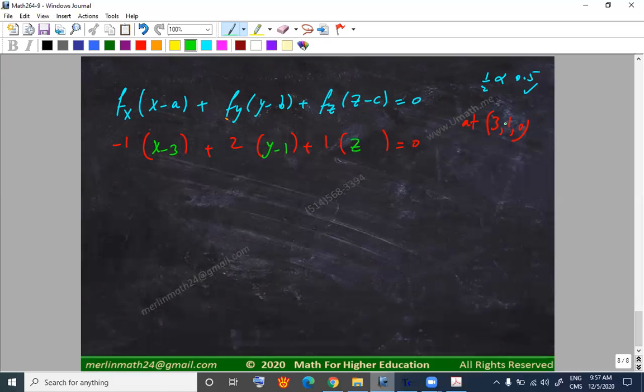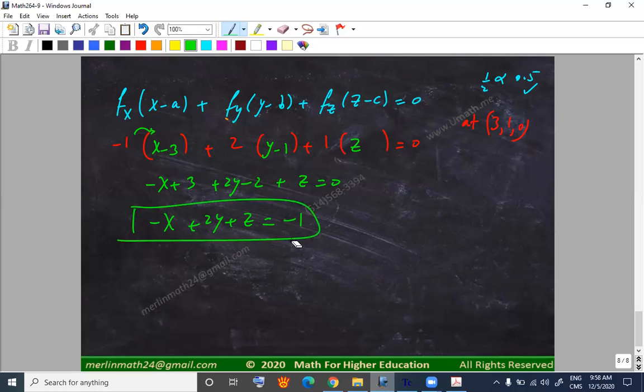There's no trick. The trick would be some minuses here. Don't leave it, because you want to simplify. They expect you to get it in standard form: minus x plus 3, and collect the constant on one side. So you get minus x plus 2y plus z equals 3 minus 2, which is 1, minus 1. That's it. This is the equation of the tangent plane.